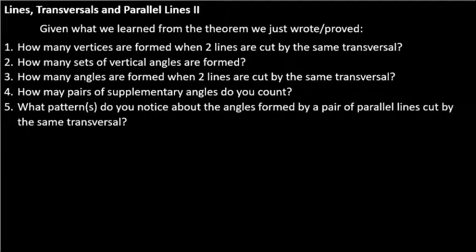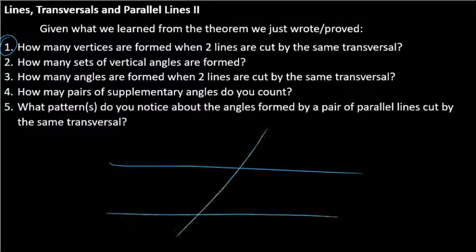Okay, so how many vertices are formed when two lines are cut by the same transversal? Well, we just did that. 2. So that would be our answer there. How many sets of vertical angles are formed? Well, we have 2 instances of 4 angles sharing the same vertex, right?